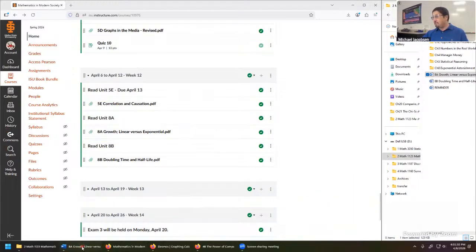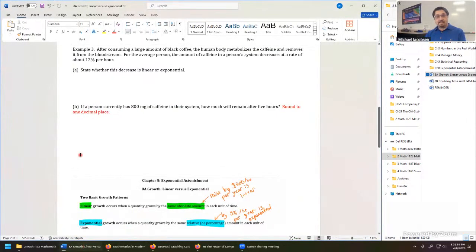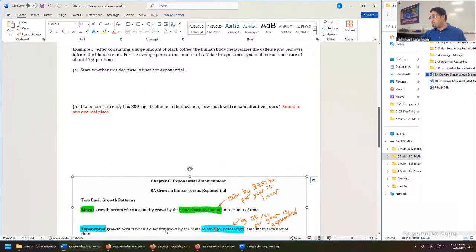We left off on example 3 here. And these problems are all kind of random scenarios that we're looking into. We're just trying to determine if in these short contexts, is the growth that we're looking at going to be linear or is it going to be exponential? Linear growth means that the quantity is changing by the same amount in each unit of time, whether that unit of time is weekly, monthly, or yearly, the increase or decrease is always the same.